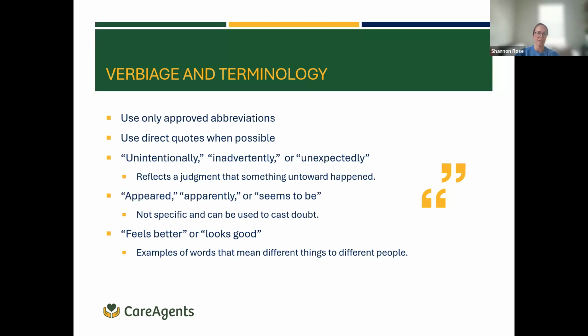Using words like unintentionally, inadvertently, and unexpectedly should be avoided, as it can come across as something bad has happened. Words like appeared, apparently, or seems to be are not specific and can cast doubt on what is written. And saying a resident feels good or looks good just isn't specific and can mean different things to different people.